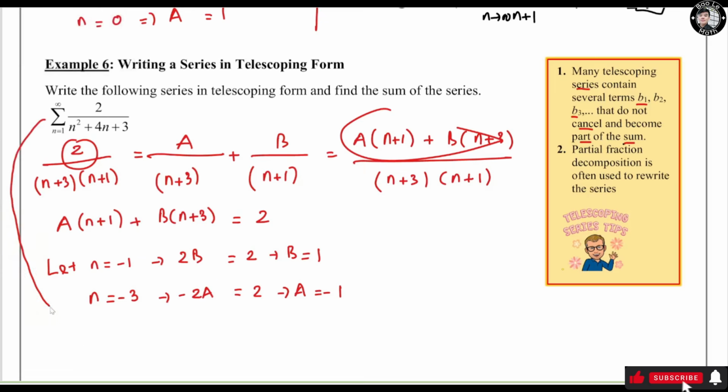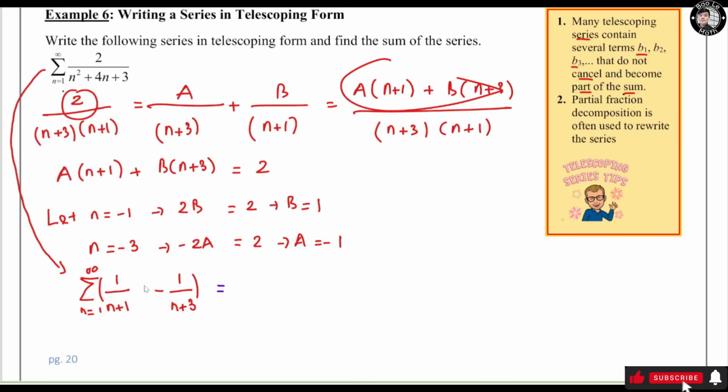So this sum right here becomes the sum, when n goes from 1 to infinity, of -1 over n plus 3. So I put this one in the back, right? And 1 over n plus 1, I put this one in the front, right? Since this series is slightly different from what we did in example number 5, I'm going to populate this one in a different way to help you understand better.